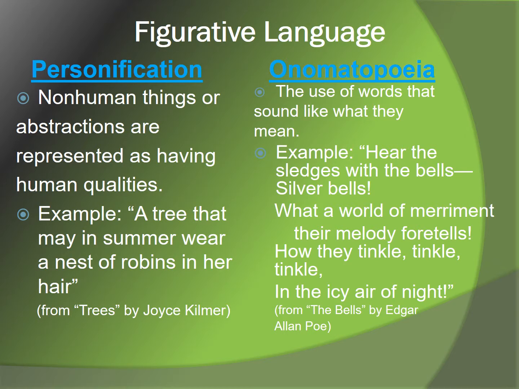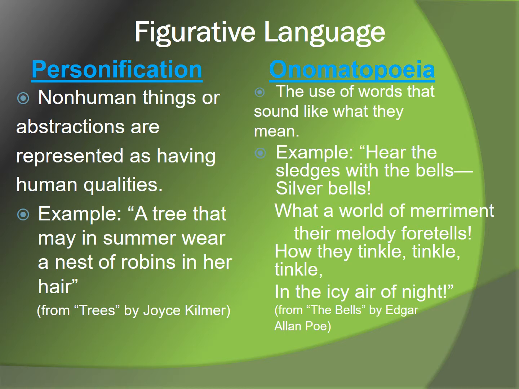Another element is personification. Personification means non-human things or abstractions are represented as having human qualities. Look here: A tree that may in summer wear a nest of robins in her hair.